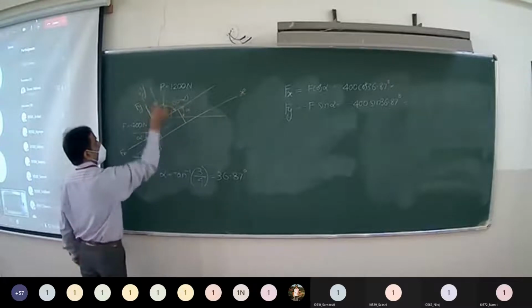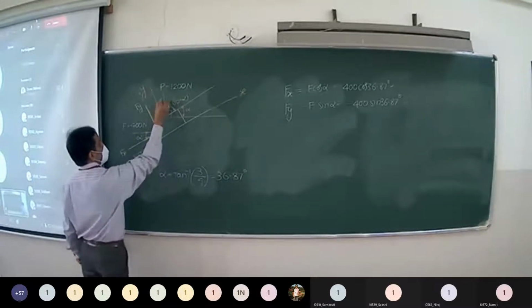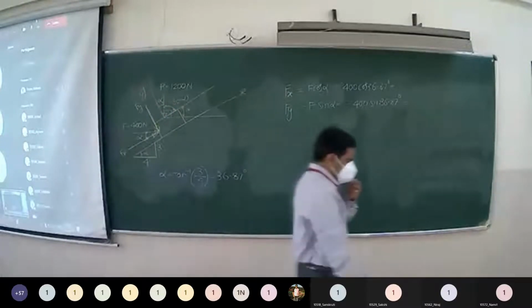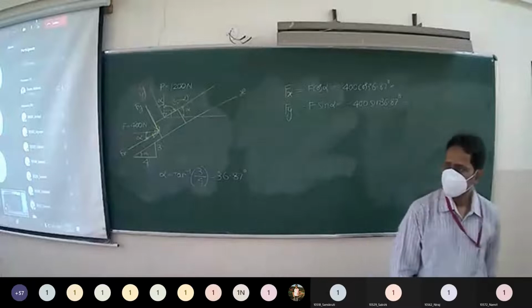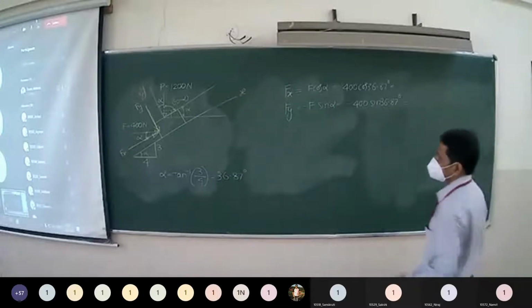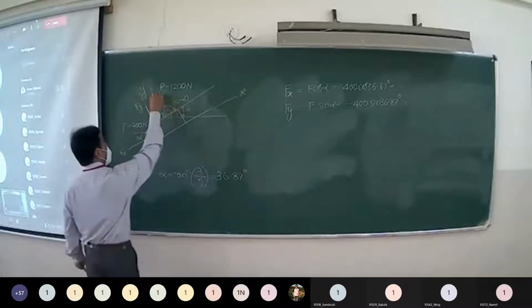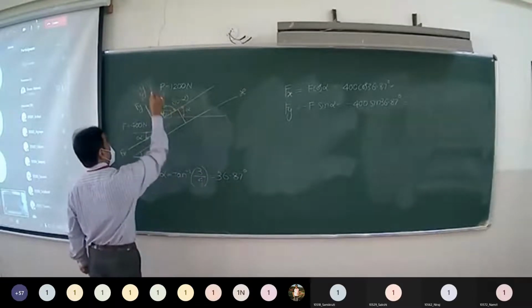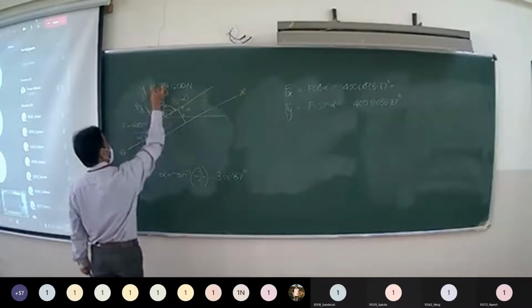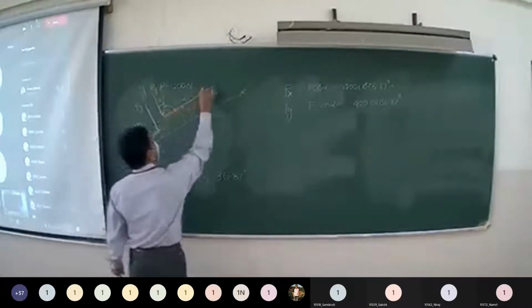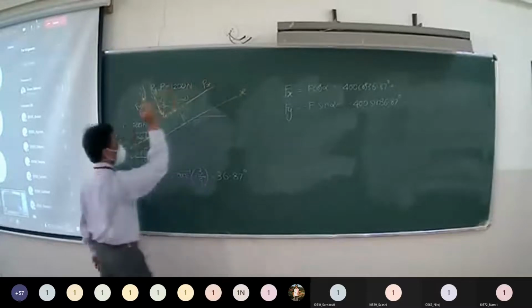Therefore, the angle made by P with respect to this perpendicular is alpha. Now the component adjacent to the angle is cos. Now this is Py and the other component is Px.